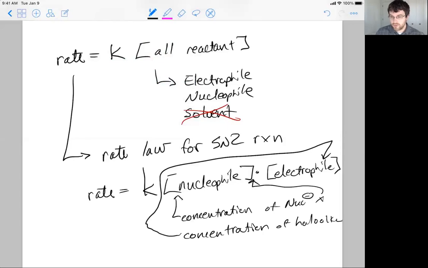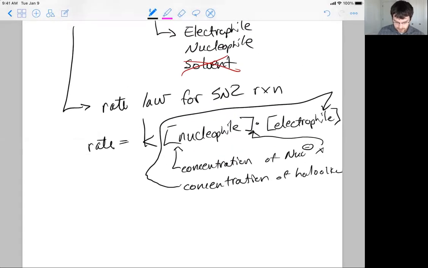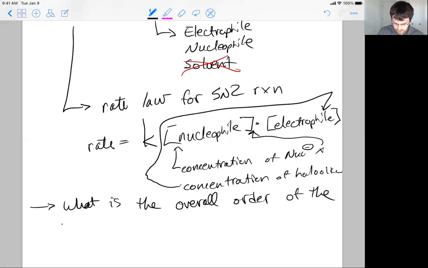With this rate law, we can now ask interesting questions about the reaction related to kinetics. We could say, what is the overall order of the SN2 reaction?